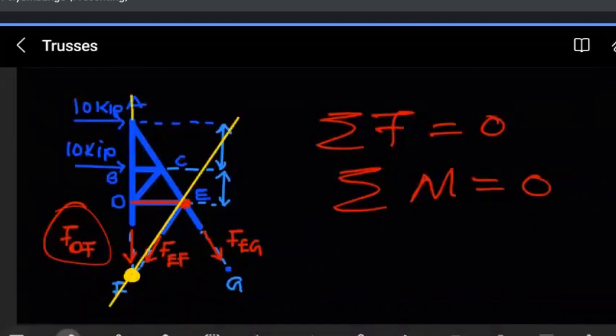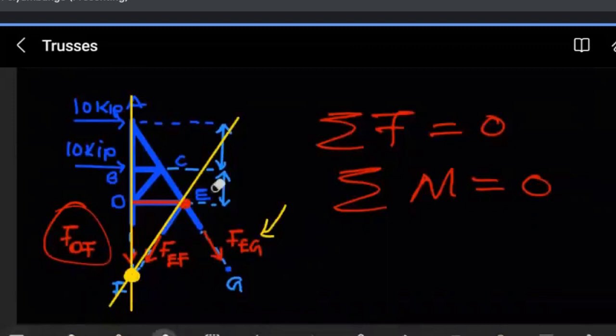Then also, this force passes through F, so even that force will not have to be considered. So in this case, the only unknown that will cause a moment about F is going to be EG. The only tricky part here will be expressing EG in its components so that we can easily evaluate its moment.